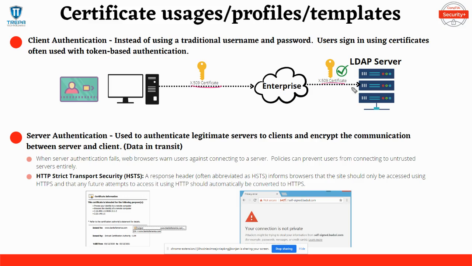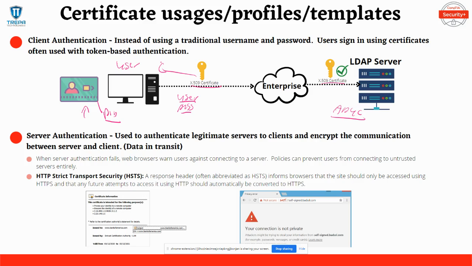So here we see our LDAP server, probably running Active Directory Users and Computers, commonly called ADUC, integrated into our public key infrastructure. And now instead of a username and password being used to authenticate, we're able to use an X.509 certificate issued to our user. And this probably comes in the form of a smart card that gets plugged in. And then we also use a PIN to give us a second factor.